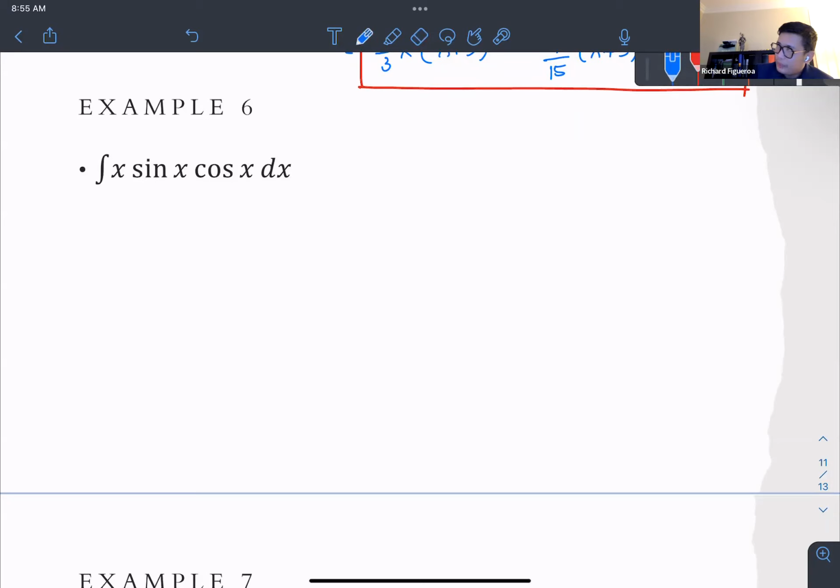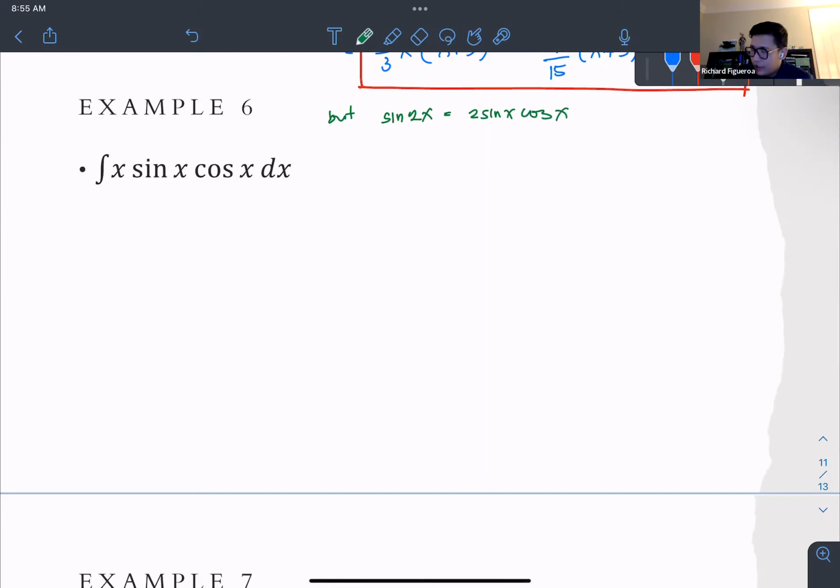Pwede ba? Yes po, sir. Gagamit tayo ng sin 2x. So remember, sin 2x, that is the same as 2 sine x cosine x.